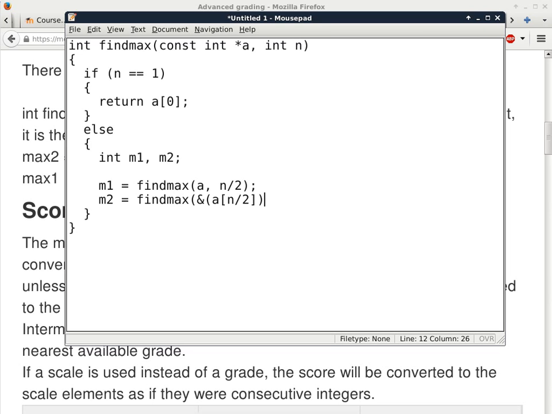So this means that the first call will handle 0, 1, 2, 3. Right? But the second call is going to start with array. No, I take it back. Because n divided by 2 is the number of elements, that means the first call will only handle 0, 1, and 2 as indexes because n is 3. So the second call will handle 3 and up, which is what it needs to.